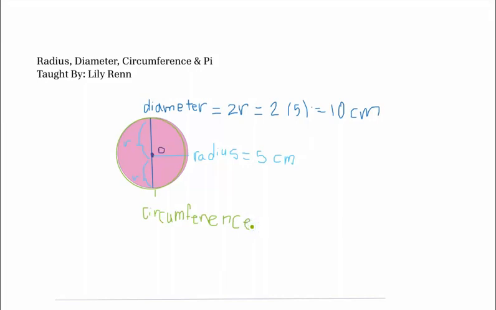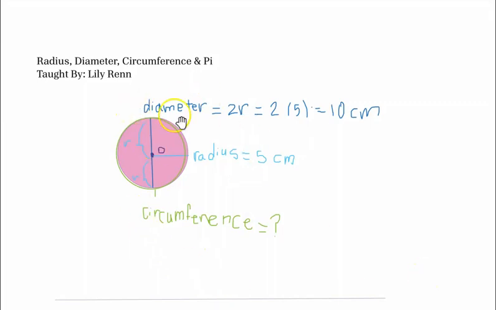We don't know what the circumference is, so we're just going to put a question mark for now. The circumference is basically the distance around the circle, kind of like the perimeter of the circle.